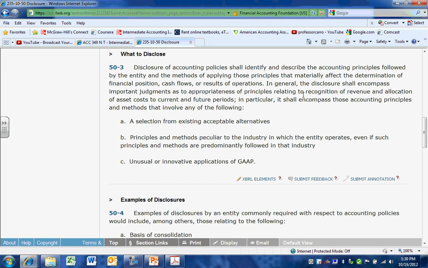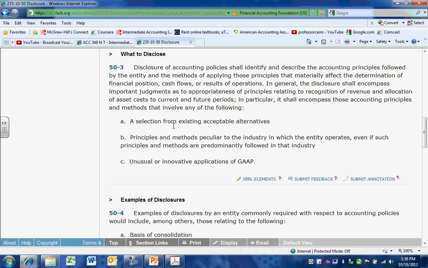You have to disclose items, methods that would affect materiality as to the determination of financial position, the balance sheet, cash flows, results of operation, which is of course our income statement.